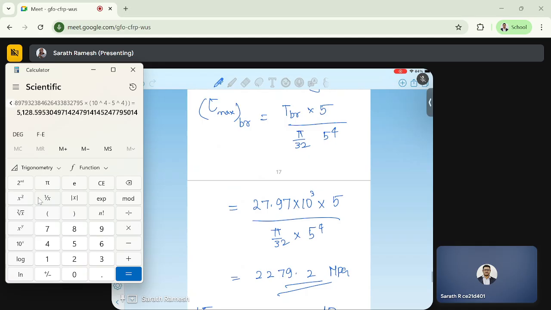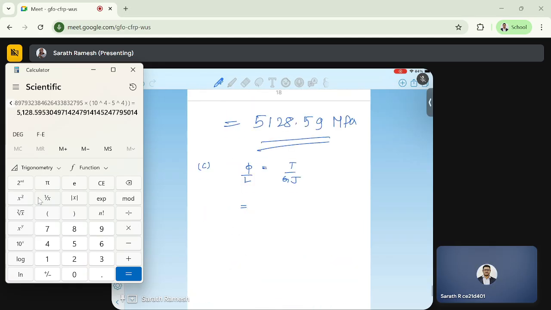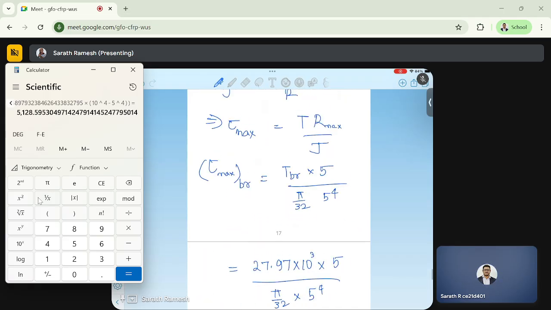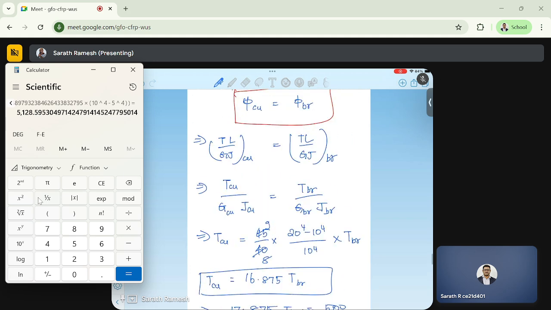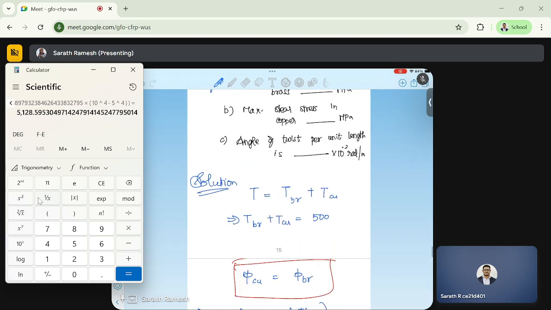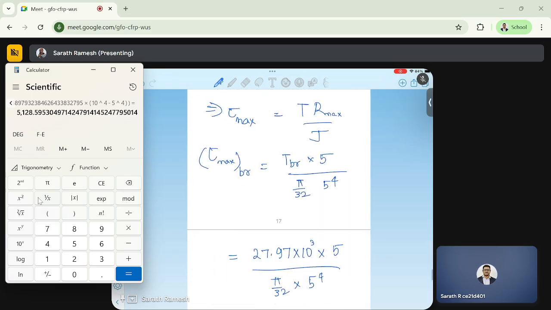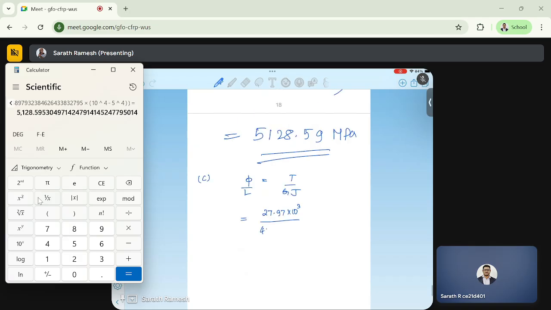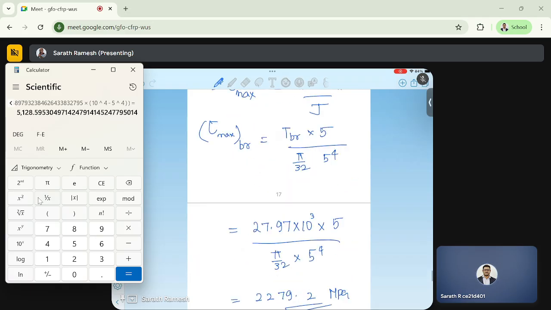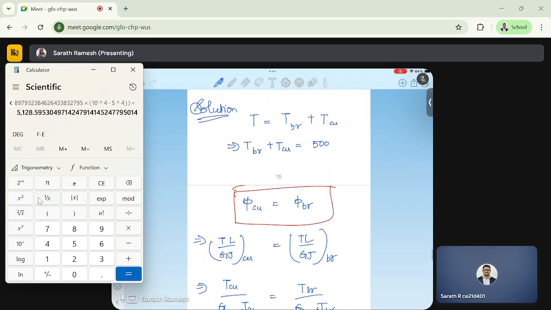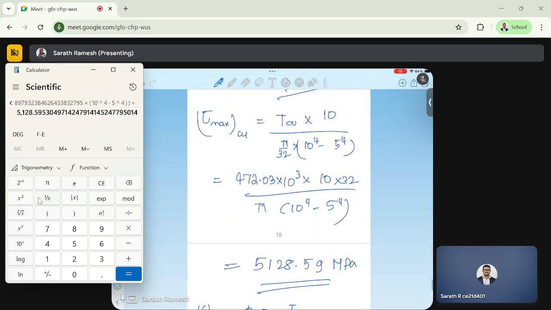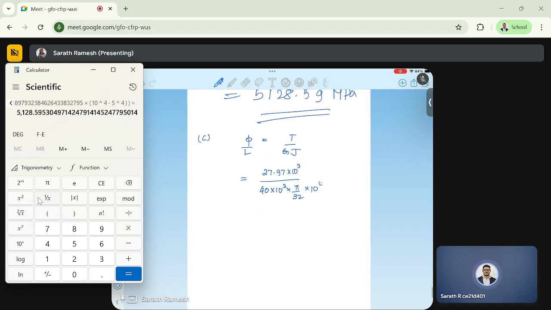Let's go with the brass, 27.97 into 10 to the power 3 divided by G brass, which is 40, pi by 32, into D is 10 power 4.